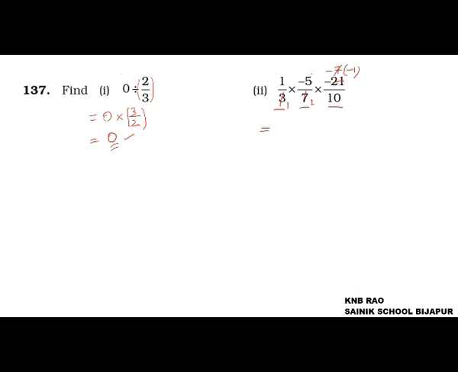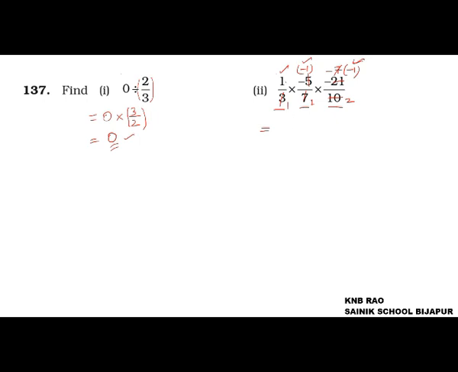Similarly, here we have 5 being one of the factors of 10, which cancels this 10. So we have a chance of cancelling here. 5 minus 1s gives minus 5. 5 twos gives 10. So now we are just required to multiply 1 with minus 1 and that product to be multiplied with this minus 1.